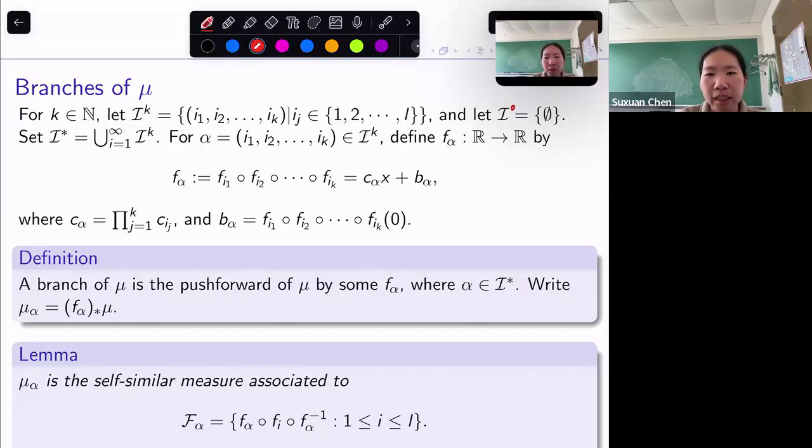So it's also a linear function, and we can write it as C_alpha x + B_alpha. This C_alpha is a product of the coefficients of those F_ij's, and B_alpha is the value of the function at 0.